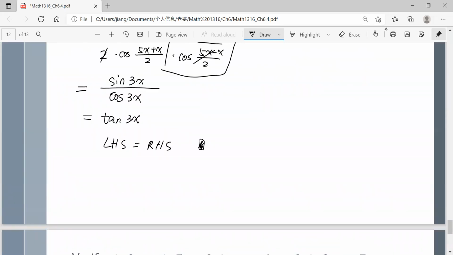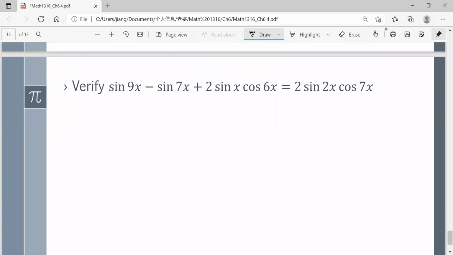Okay, let's move on to the next one. This is the last one. Verify this expression equals this expression. I will start from the left-hand side because it has three terms. We can use the sum to product.